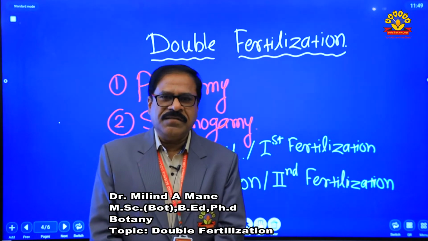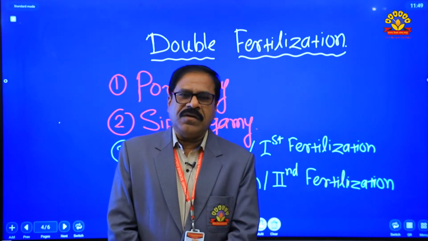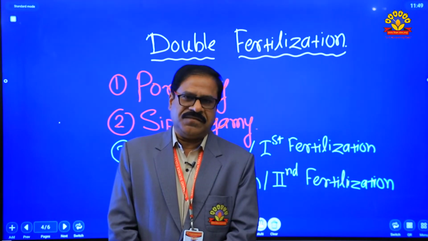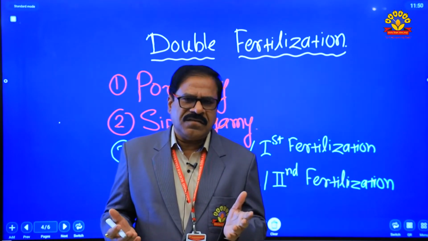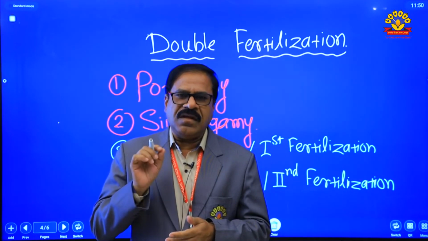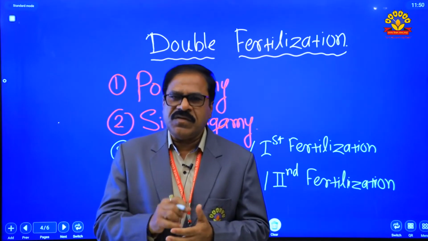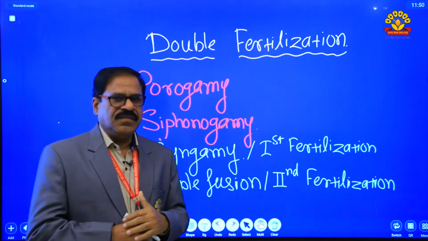Hello everybody. Today we are understanding the topic fertilization in flowering plants, and we observe that the flowering plants, that is angiosperms, reproduce sexually by double fertilization.